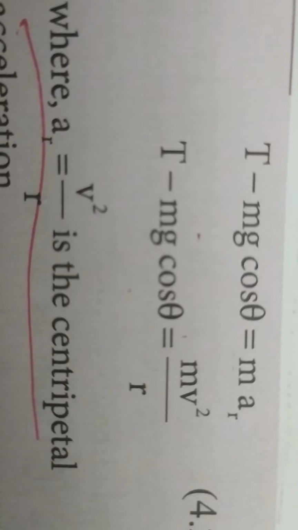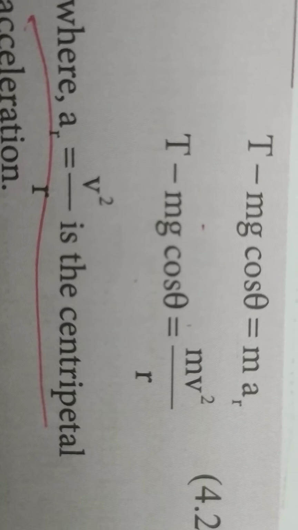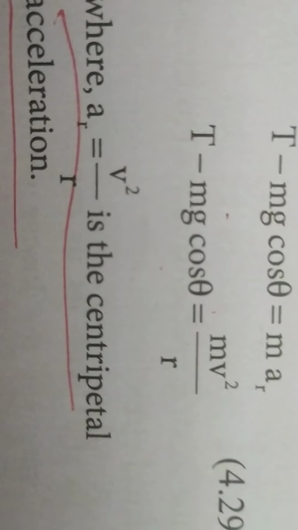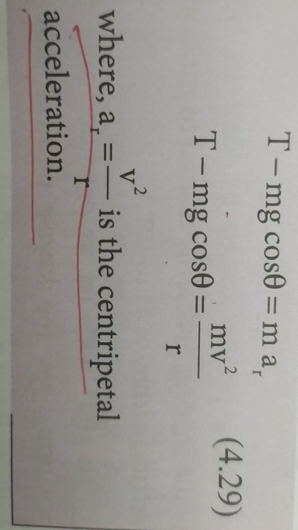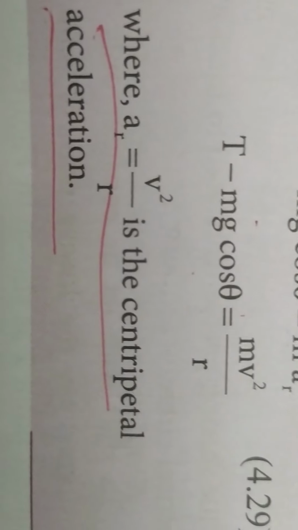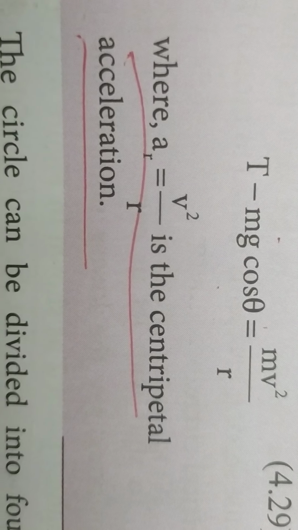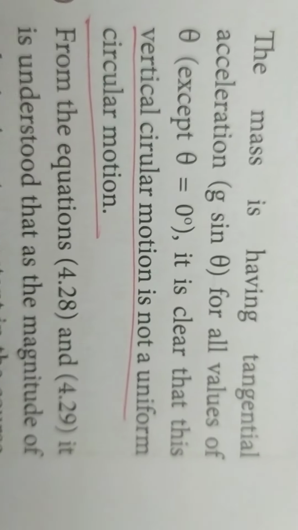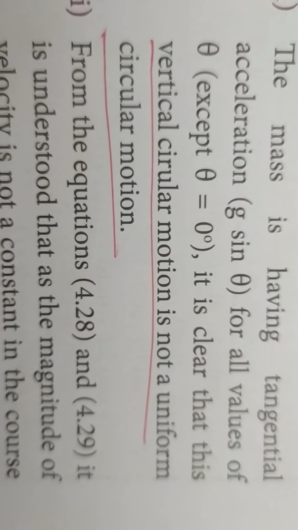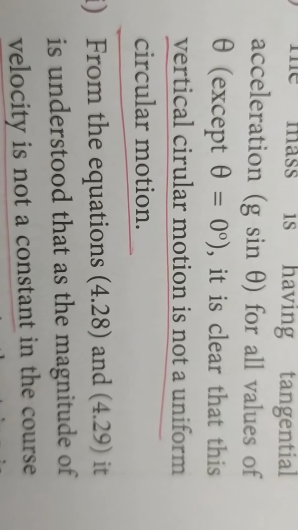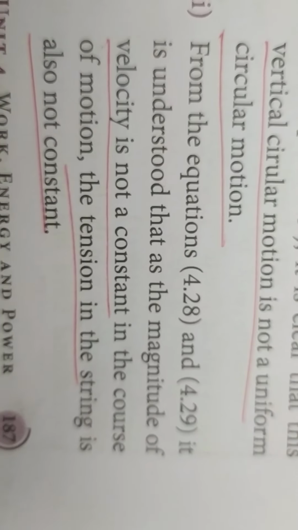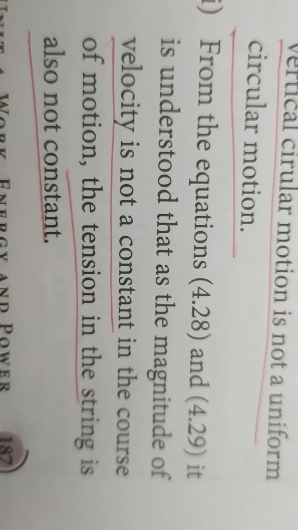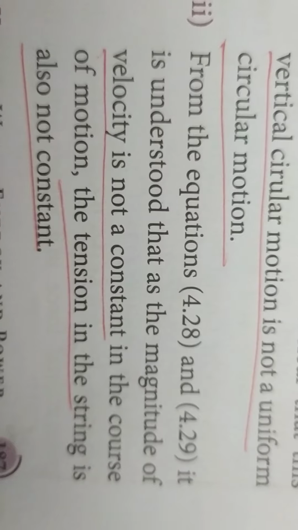Since the body is moving in a circular path, that is centripetal force, you apply centripetal acceleration, so instead of a_r you substitute v square by r, which is the equation you already know. Substituting a_r equal to v square by r, you get equation 4.29. In vertical circular motion the velocity is not uniform, and also the tension in the string is not constant.